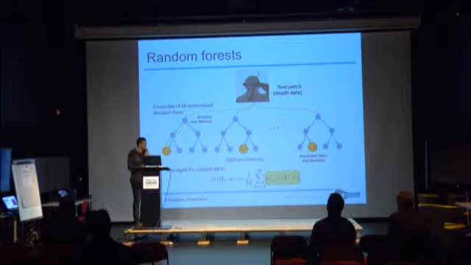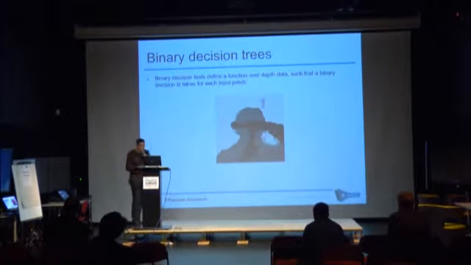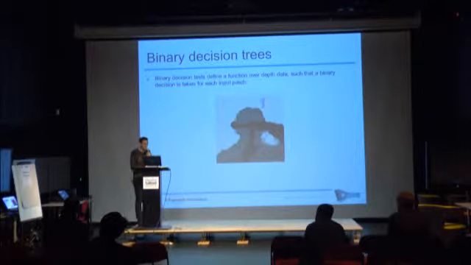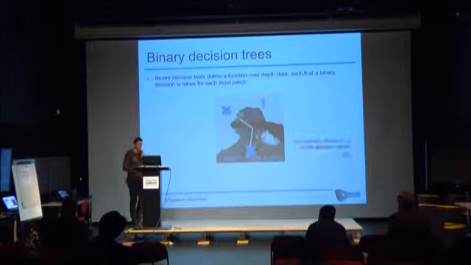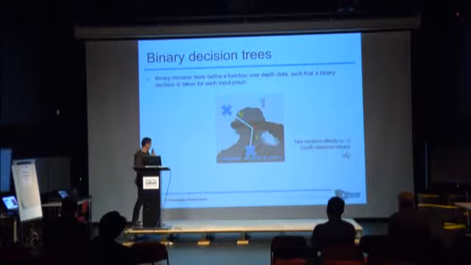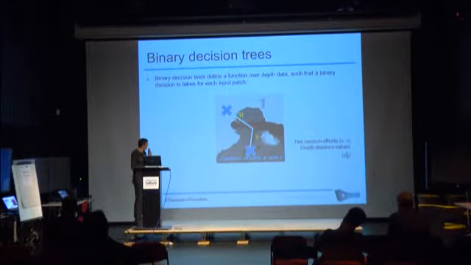Okay? So how do you build these decision trees? Basically, it's a randomized process. What you want is a binary decision. So you want to create a function that, with a threshold, decides which path you have to go in the tree. You do that by taking the patch, a point in the middle, and 2 random points.